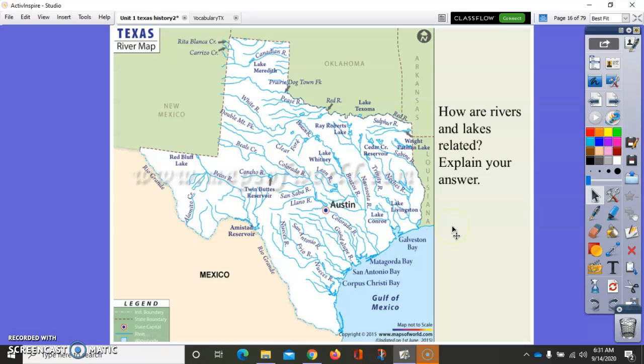All of the rest of the lakes in Texas are man-made lakes, and they are made by building dams across the rivers and having the water spread out into these lakes. So the relationship between lakes and rivers is that the lakes are created by damming up the rivers. And again, notice that the rivers pretty much flow from northwest to southeast.